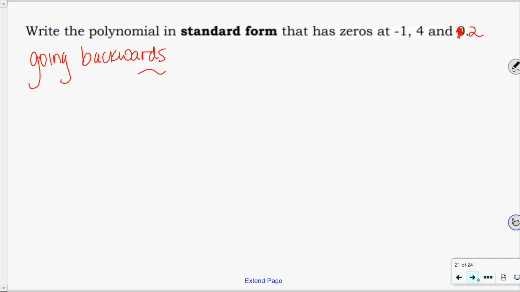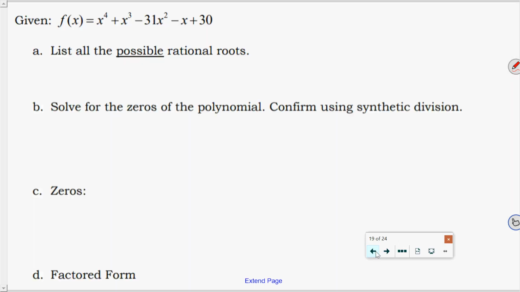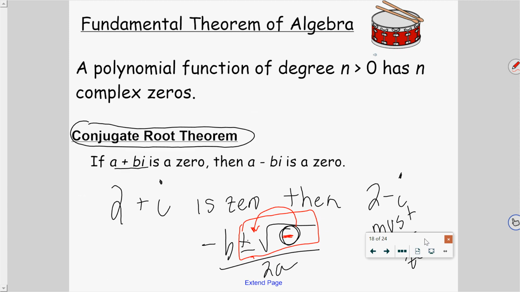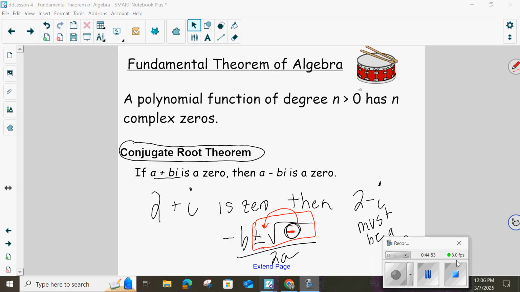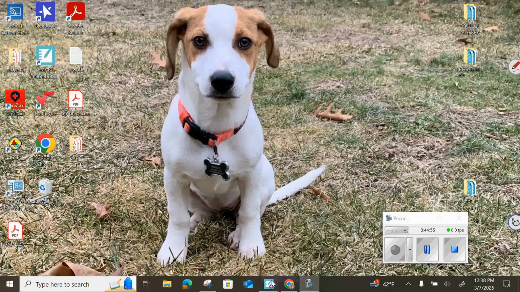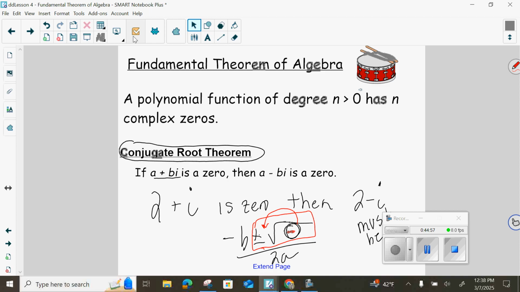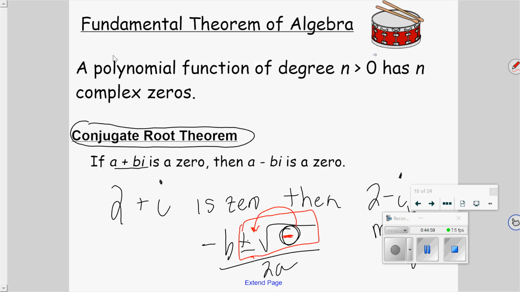So we'll do this when we come back from lunch. We got one more bell though. Yeah? That one? Yep. All right, so let's do our last item.